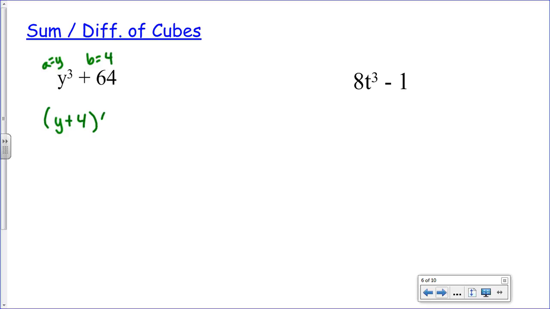And then it says A squared. So what's A squared? y squared. And then it says minus AB. So what's y times 4? 4y. And then it says plus B squared. So 4 squared is 16.